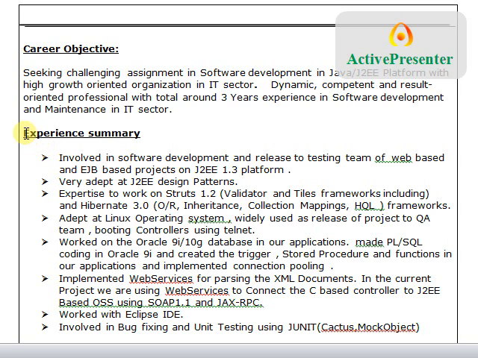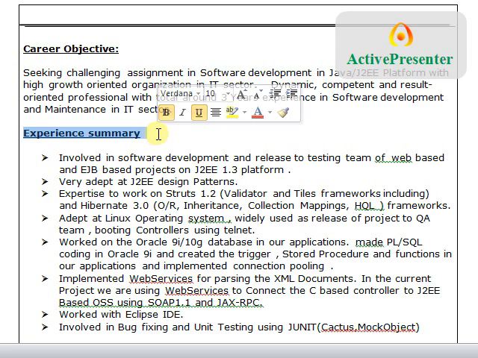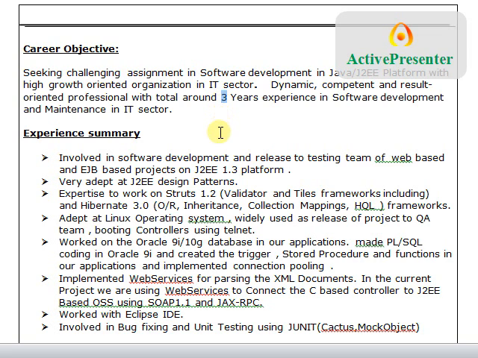Let us understand the experience summary section of the resume. The experience summary is the section where the candidate mentions a summary of the experience that he or she has gained over a period of years. This is usually put in by experienced IT people.